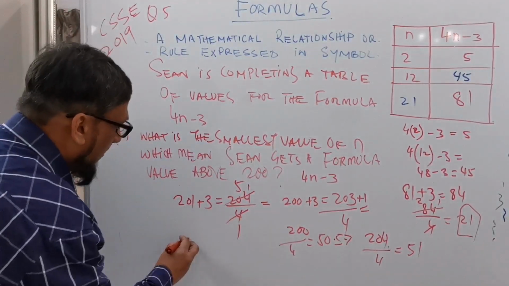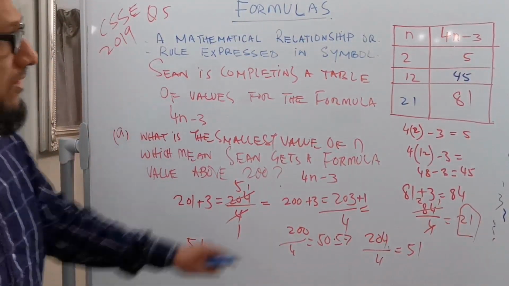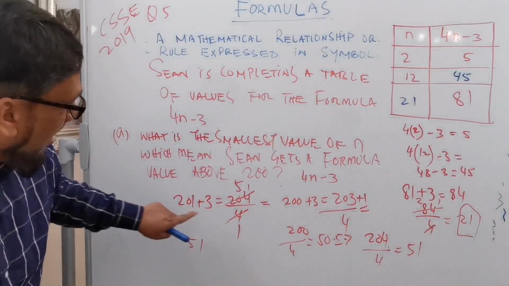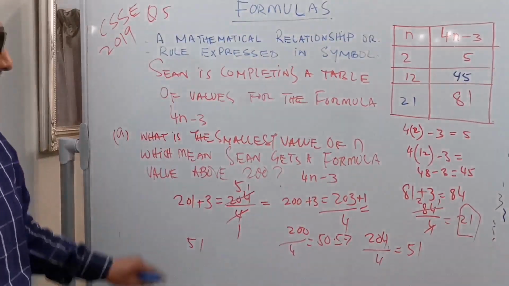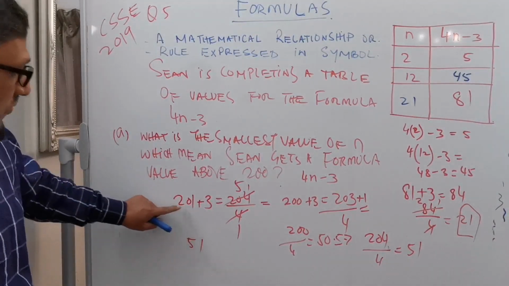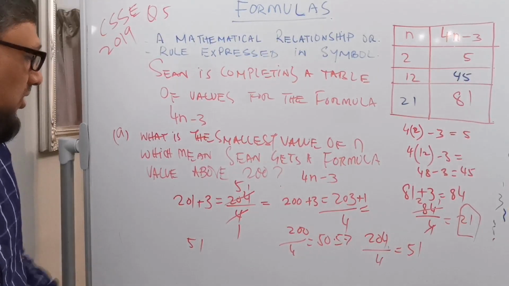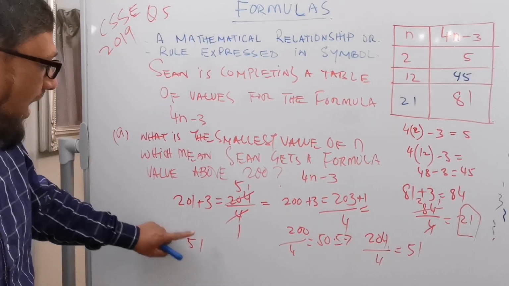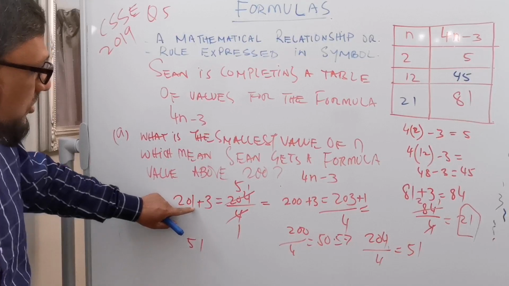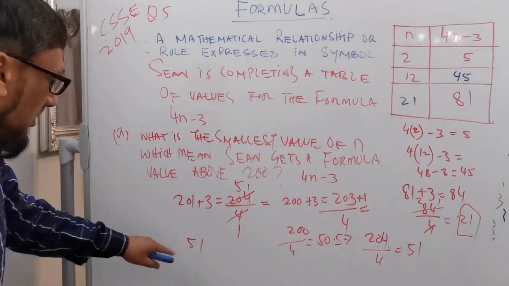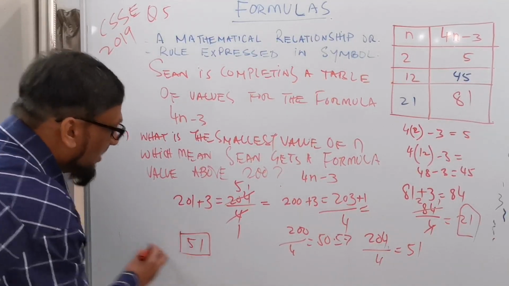It means Sean needs to enter 51 to get the answer 201, which is above 200. So you need to use 201 instead of 200. So the answer will be 51.